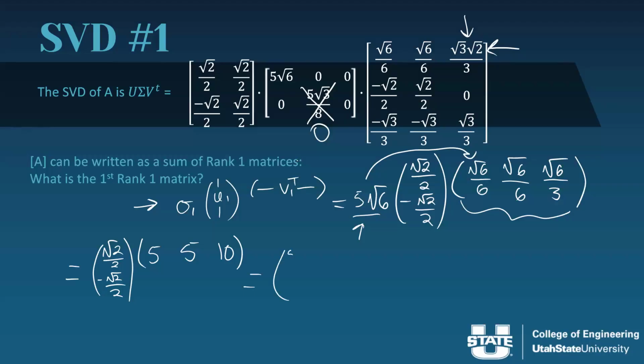So we're going to get 5 root 2 over 2, 5 root 2 over 2, 5 root 2, minus 5 root 2 over 2, minus 5 root 2 over 2, minus 5 root 2. There's our rank 1 matrix based off our dominant singular value.